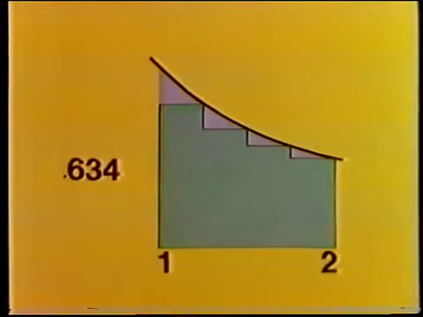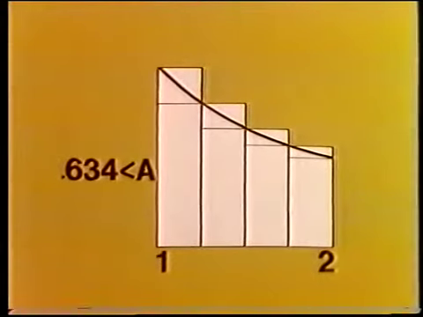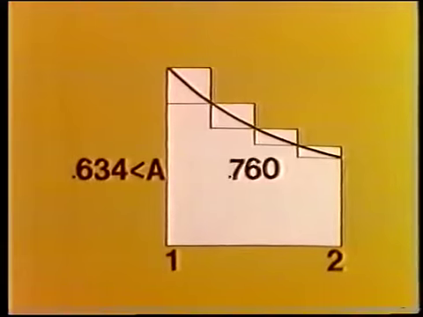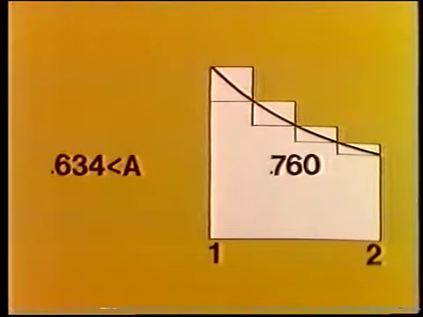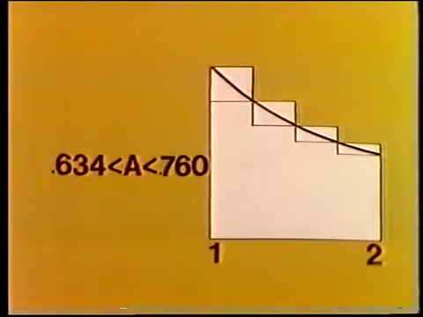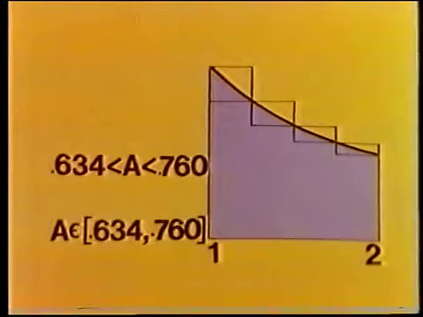So we know that the area we want is greater than 0.634. And we can calculate the overestimate in a similar way. This works out to 3 decimal places as 0.760. And this is greater than the area we want. So we've got our area trapped in this interval.